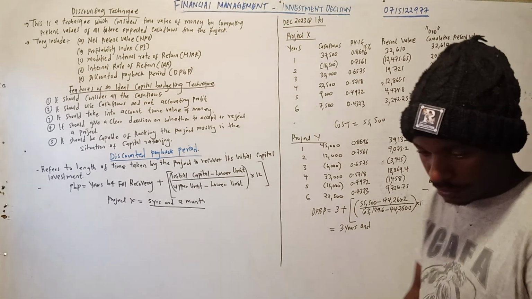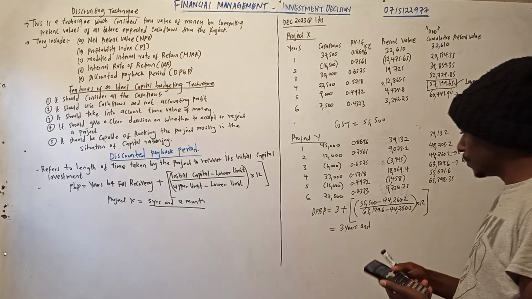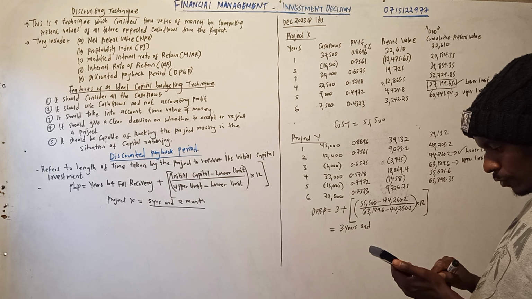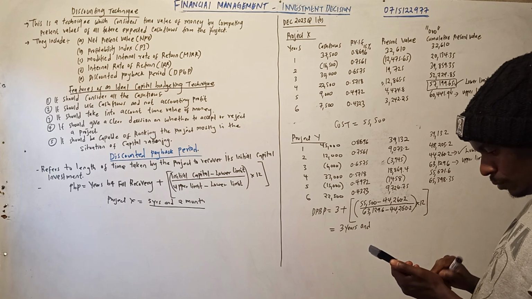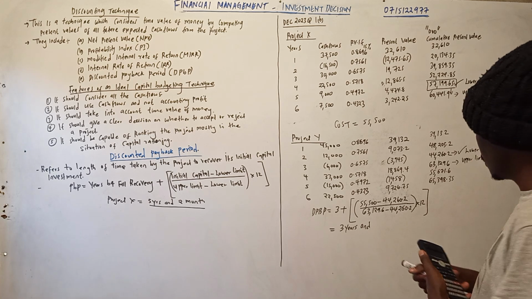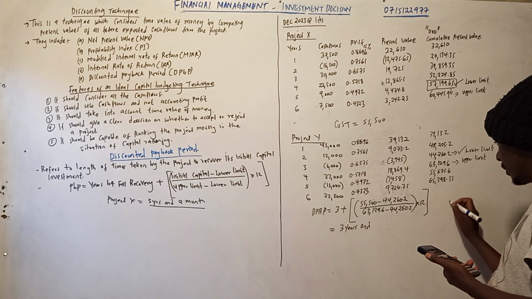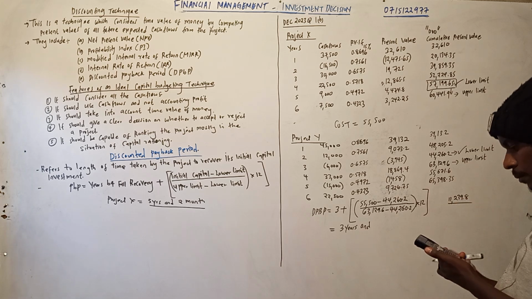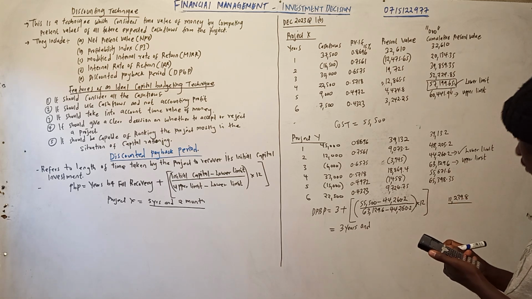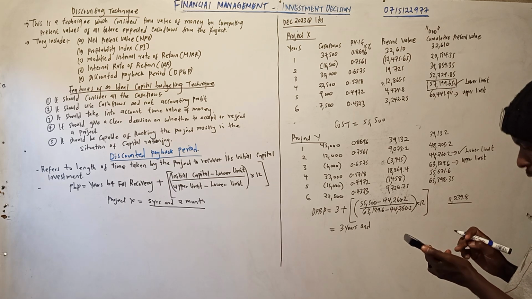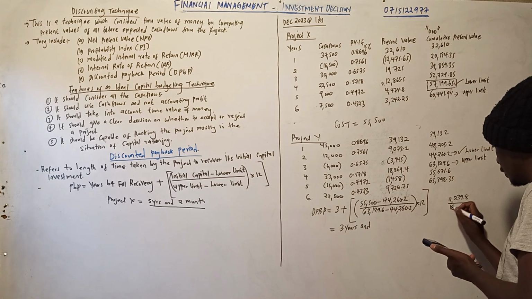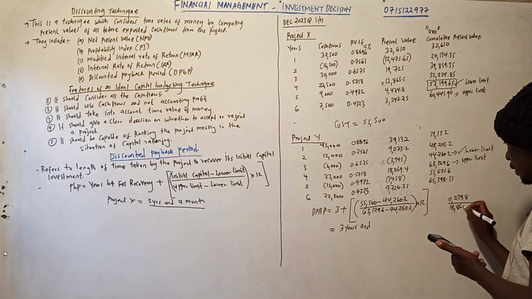So what will be the months? Let us see. So 55,500 minus 44,260.2 gives 11,239.8. Divided by 63,129.6 minus 44,260.2, which is 18,869.4.